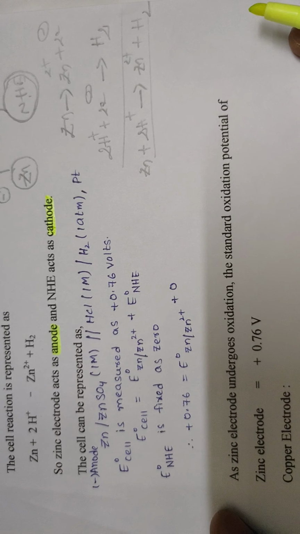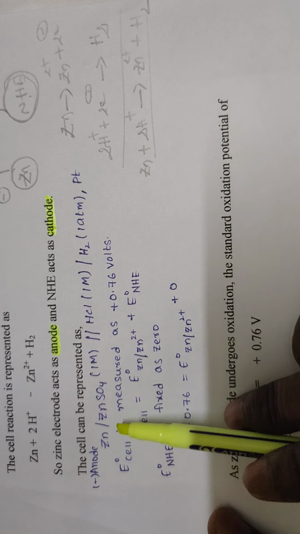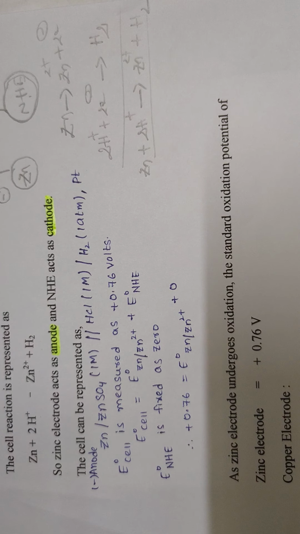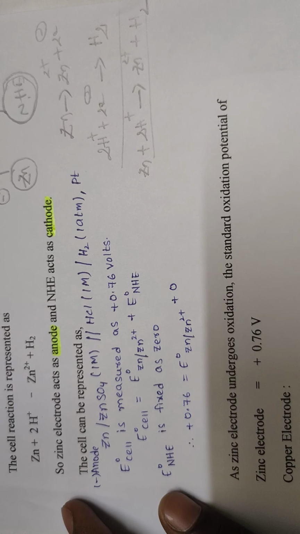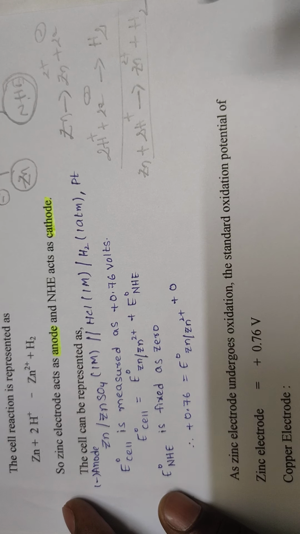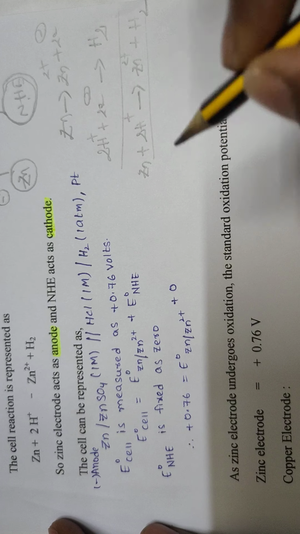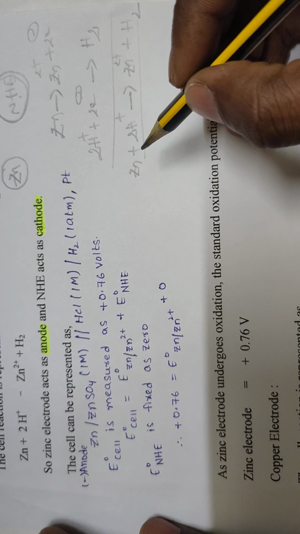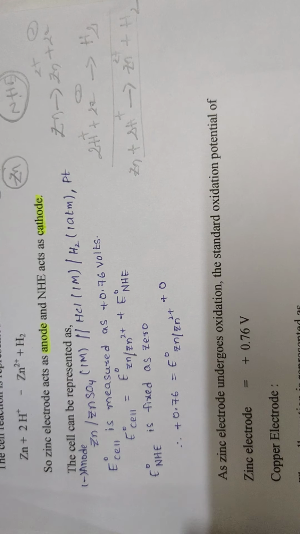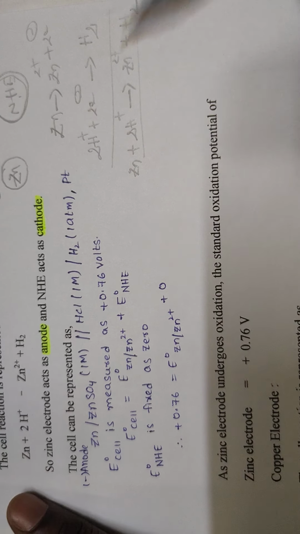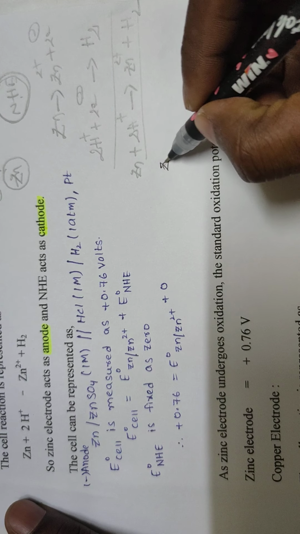So the cell can be represented as follows. While writing the half cell notation at anode in electrochemistry, there is a notation: we should write the metal first.